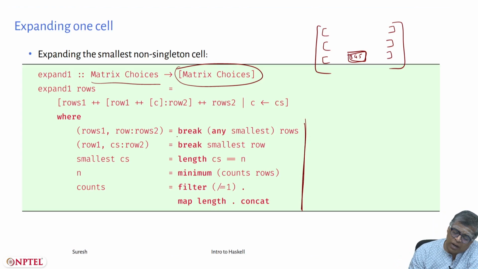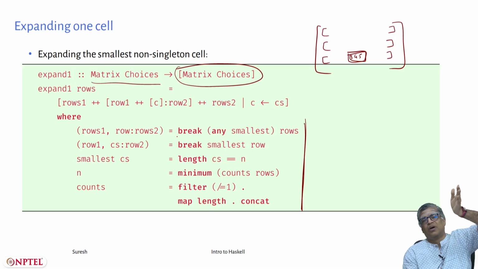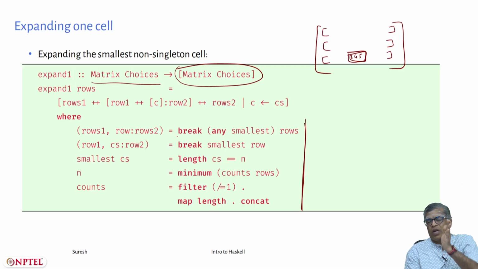Break and so on are built-in Haskell functions. Break will break your list into 2 halves. It will search for the first element that satisfies the property. Everything before that will be one part and everything after that will be one part.